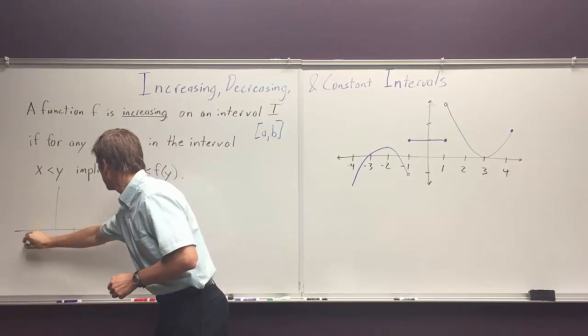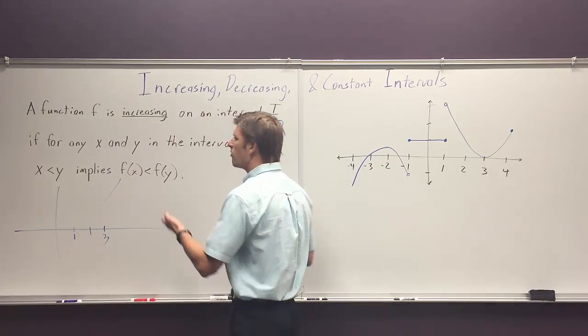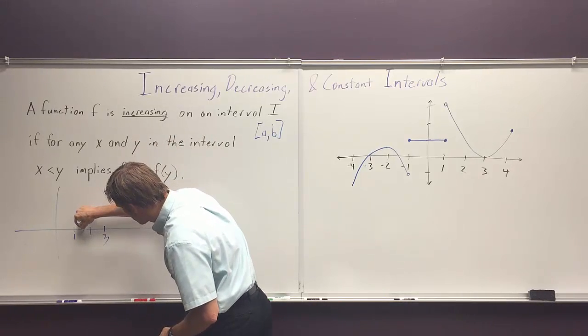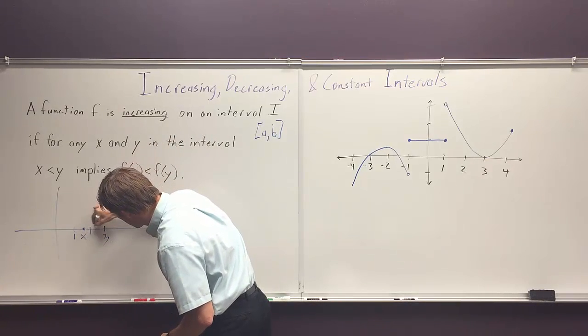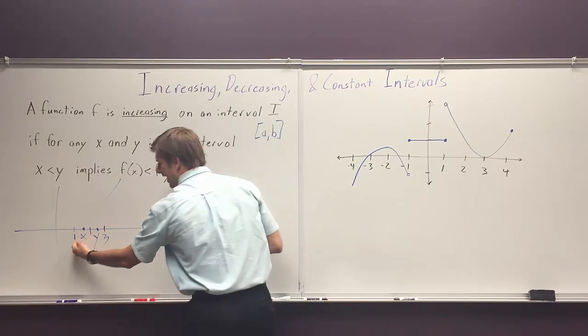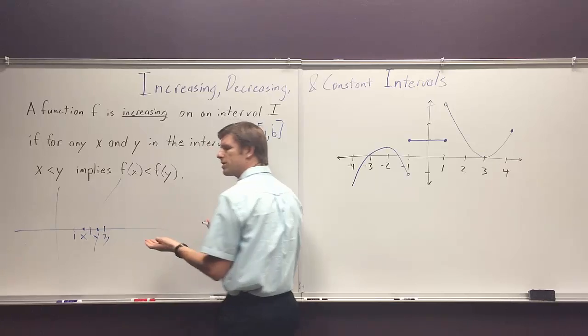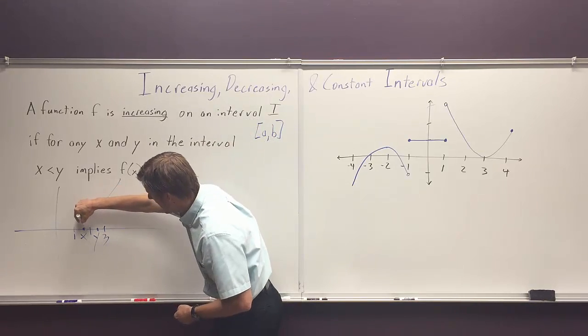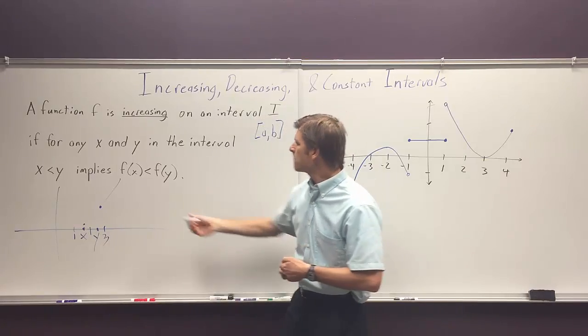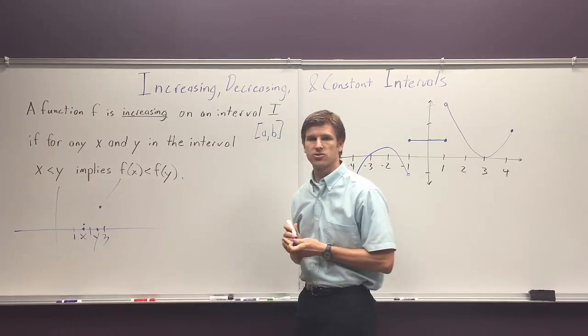So let's just pick a function that's increasing there. For any two values in that interval, let's pick that value for our x, that value for our y. If x is less than y, what does it mean to be increasing? Well, it means the height at x is lower than the height at y. That's pretty intuitive, but you might not have thought of writing it this way.